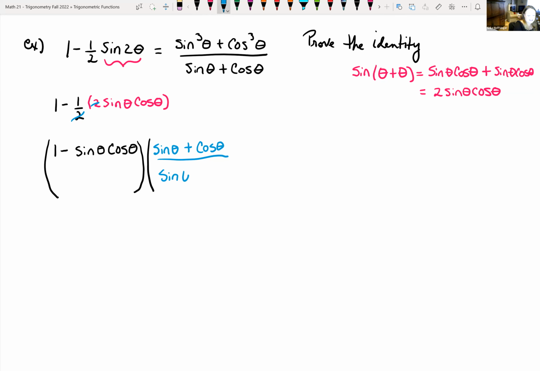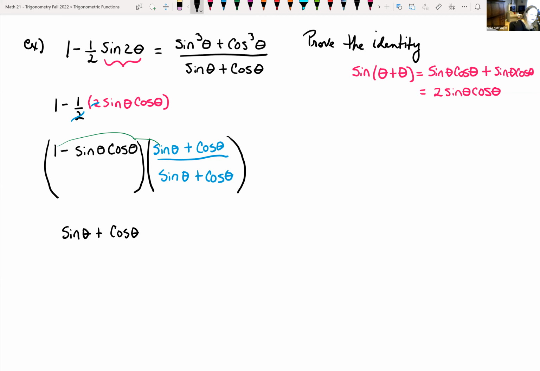So when working through these identities, it's good to look at where we're trying to go, and that can help guide you. So by working on the left-hand side, the right-hand side has that sine theta plus cosine theta in the denominator. So let's distribute here. If I distribute it in my numerator, I have 1 times sine theta, which is sine theta, plus 1 times cosine theta, which is cosine theta.